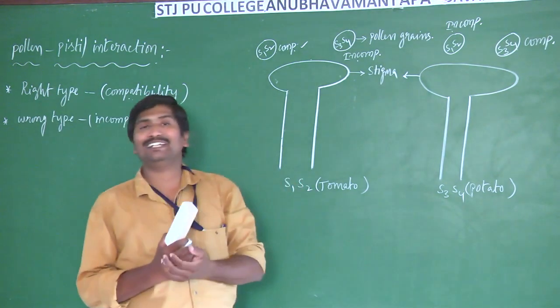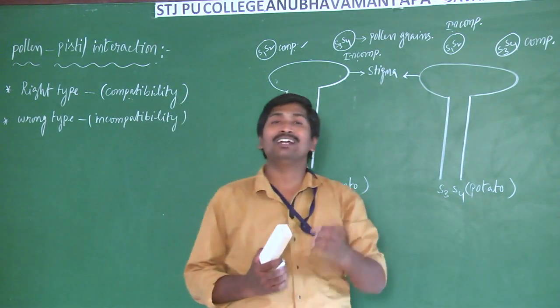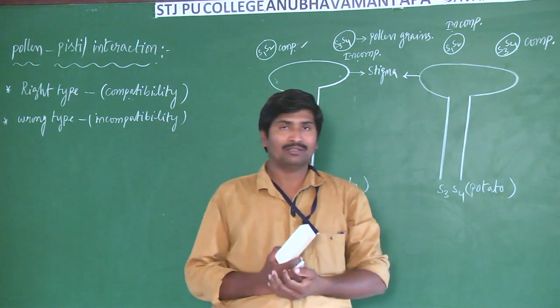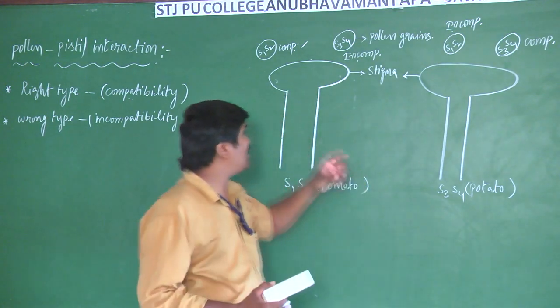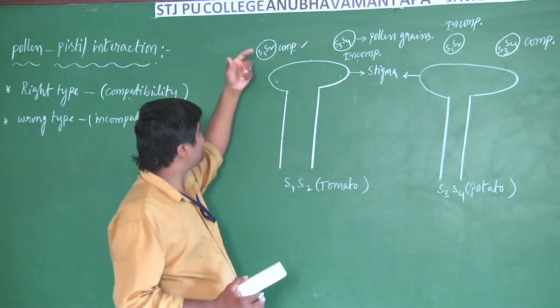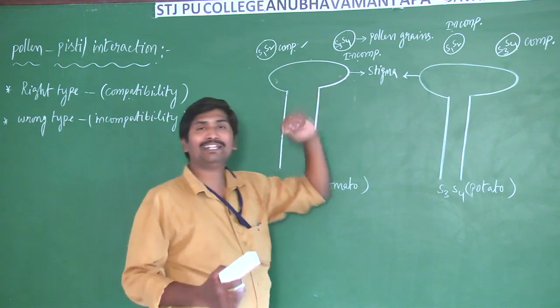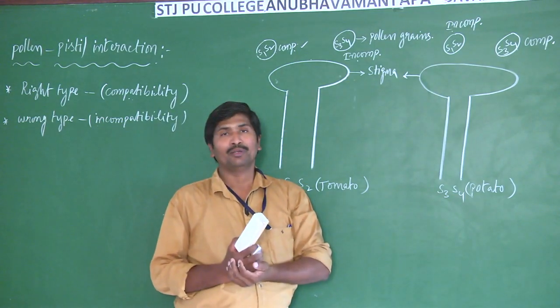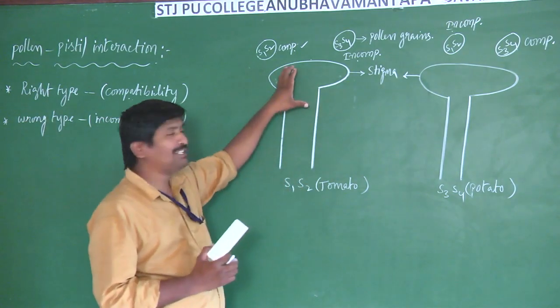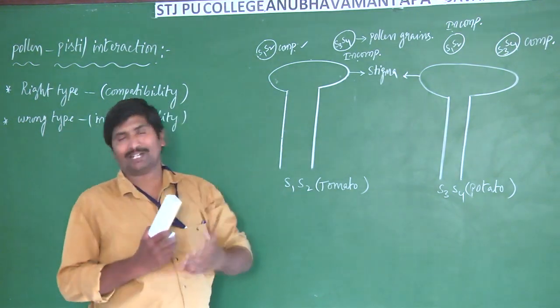The pollen-pistil interaction depends on chemical components. The chemical components are released by either the pollen grains or the stigmatic lobe. That's why it definitely depends on the chemical components.